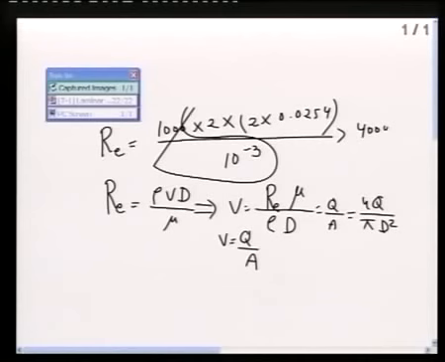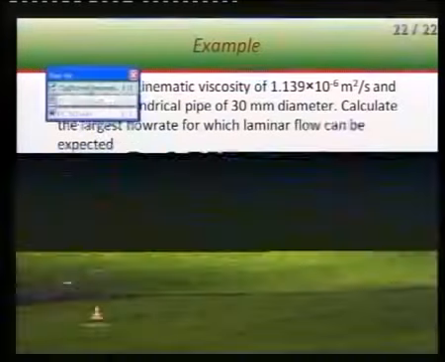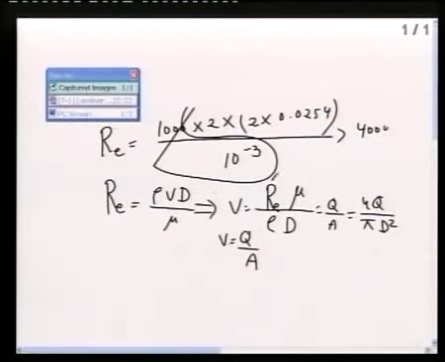Reynolds number. Now it says for which laminar flow can be expected. The maximum Reynolds number for laminar flow to take place is either 2000, 2100 or 2300, something like that. So you just plug in the value, you are free to use which value you want, and then you can find the Q value.